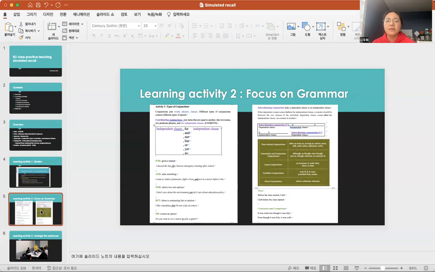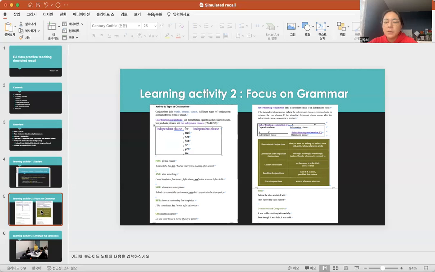I gave an example sentence for each conjunction, so that students can have a better understanding of the meaning of conjunctions and their usage. Students read aloud each sentence, and they shared the meaning of each conjunction. And I continued to subordinating conjunctions, which make complex sentences.